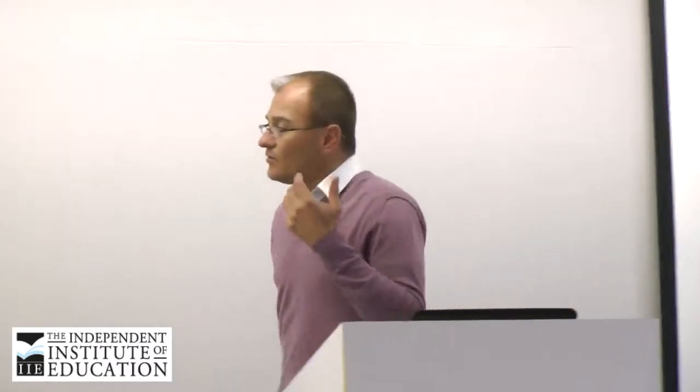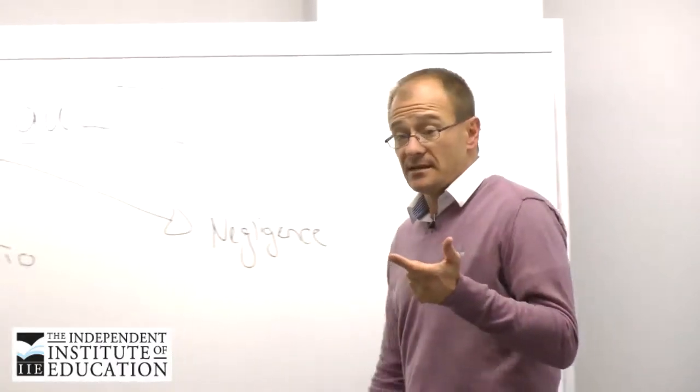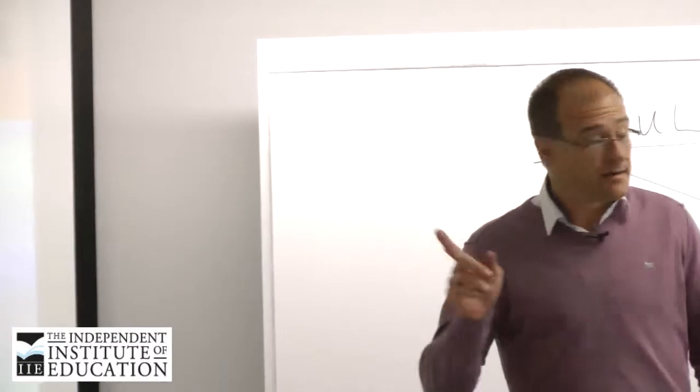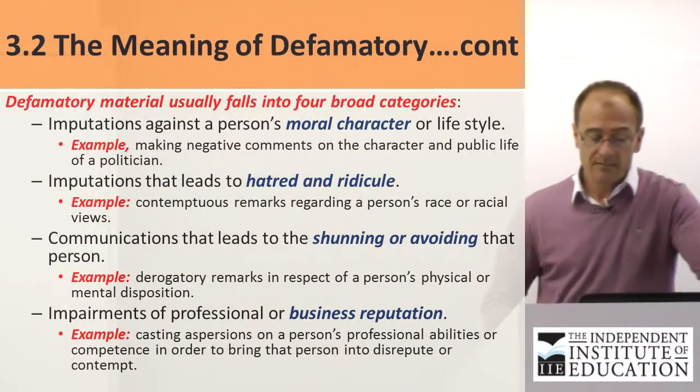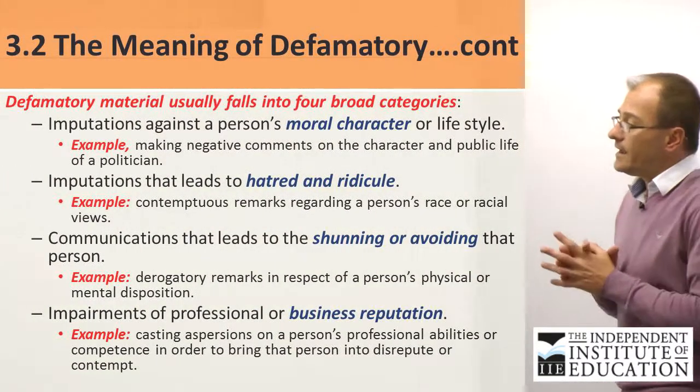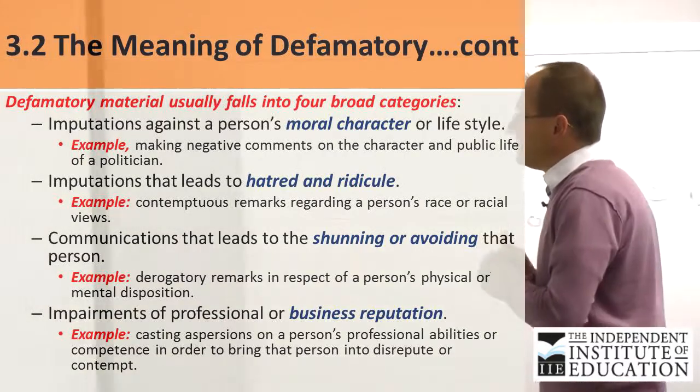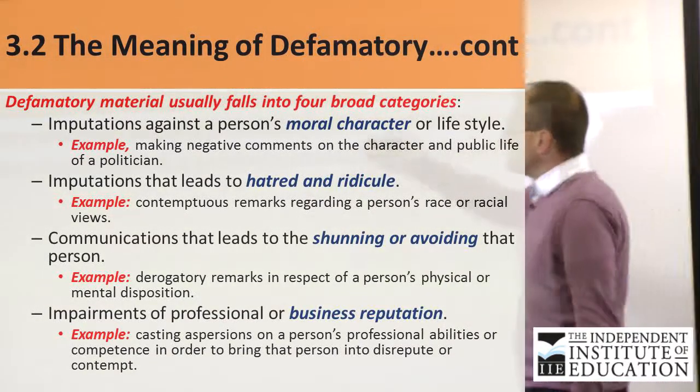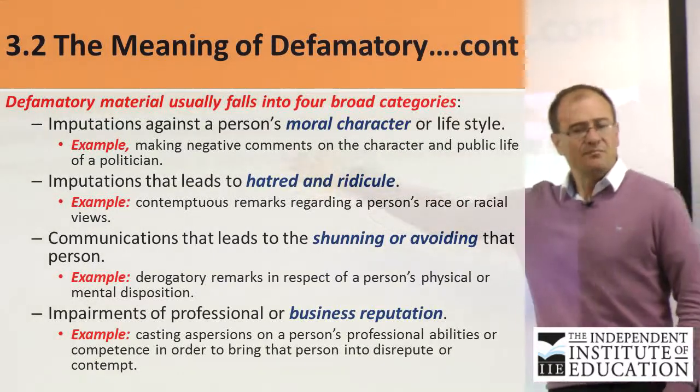Now, defamatory material usually falls into 4 broad categories. Guys, I've always seen this in previous tests as well. So look at this. Make a big NB there at 3.2. Defamatory material falls into 4 broad categories. Number 1, imputations against a person's moral character or lifestyle. Imputation is like an allegation or certain remarks.